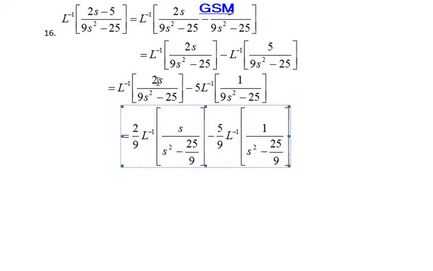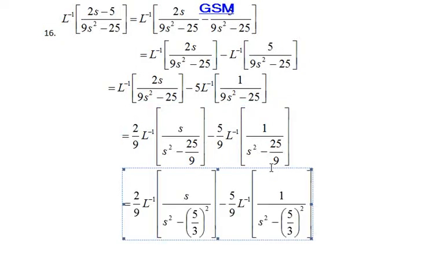Already I brought 2 here, and in the denominator take out 9, the remaining is s squared minus 25 by 9. In the numerator 2s, the 2 went out, and the denominator take 9, the remaining s squared minus 25 by 9. Same as the second term also, 5 by 9, L inverse of 1 by s square minus 25 by 9.